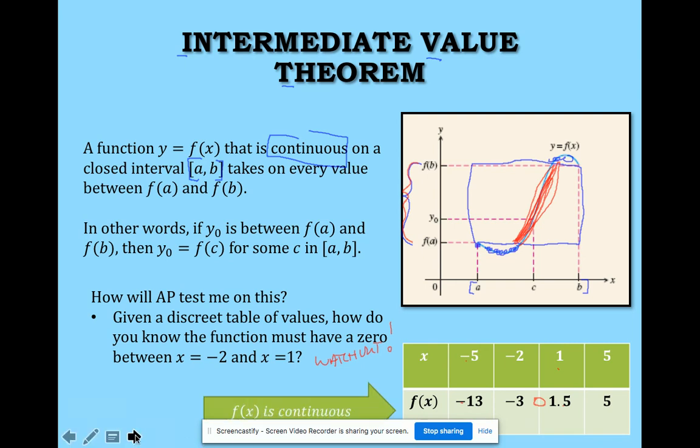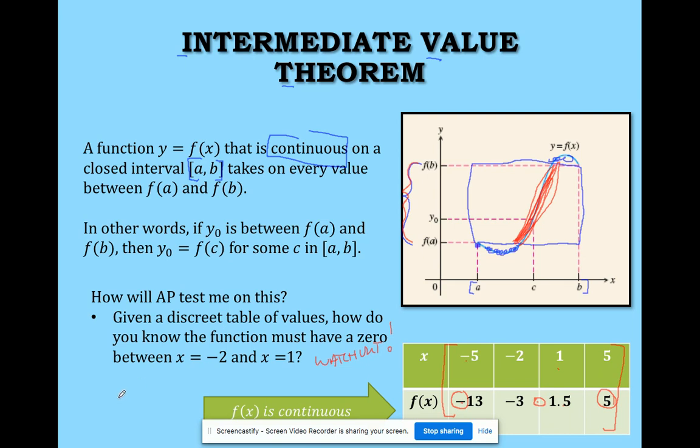If f of x is continuous, if you get this information, then yes, you know you hit 0. If they tell you f of x is continuous and you see some negative range values and some positive range values, as long as you have continuity, you are able to conclude that you have hit 0 at least once.